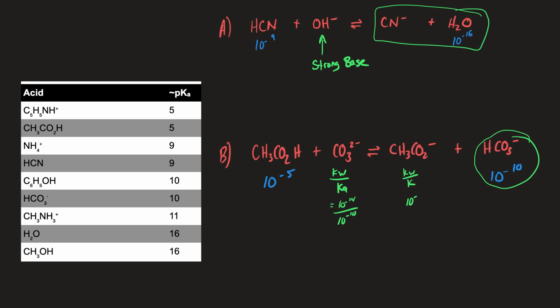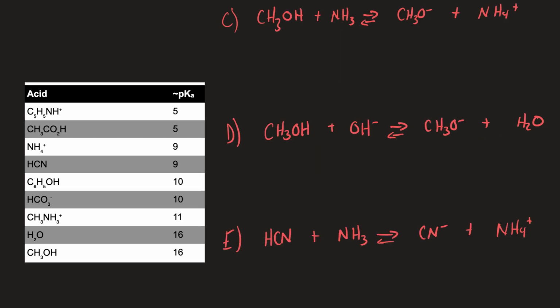This time the Ka is from the acid on the left side, so 10 to the negative 14 over 10 to the negative 5. We can see that the stronger base then is the carbonate ion, again, pushing this equilibrium to favor the products. Now, remember, in the original question, we are finding out in which one the reverse reaction will be favored. So far, we haven't found that one.